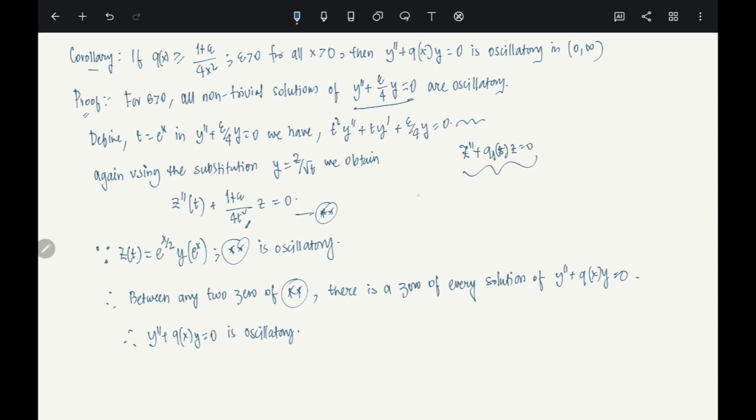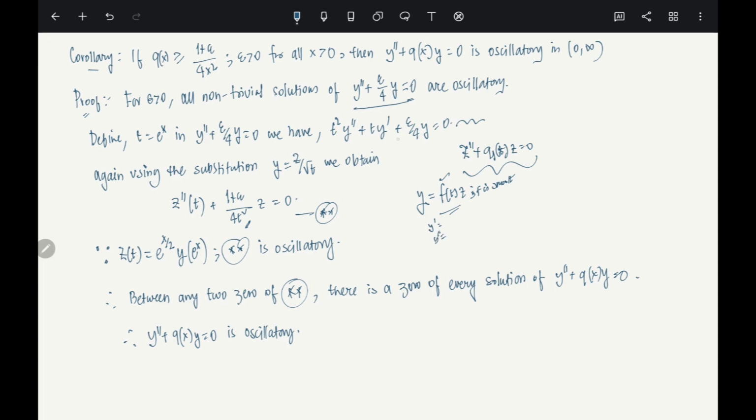To do that, what we did is y equals f of t times z. This is the substitution we took. Now f is smooth enough, you have to check this part, f is smooth. Now y prime exists, y double prime exists, and you have to find them in terms of f.